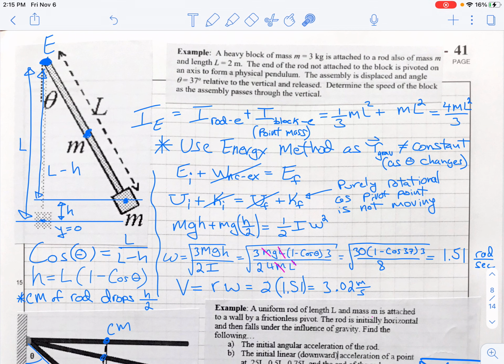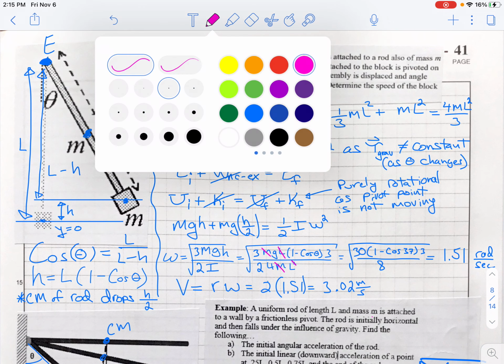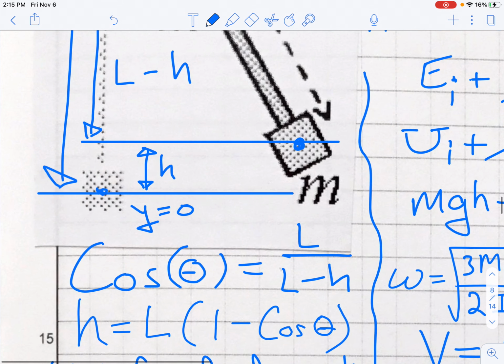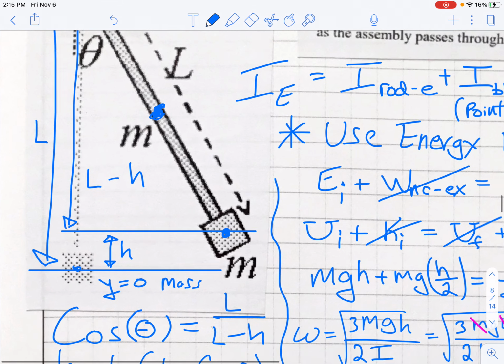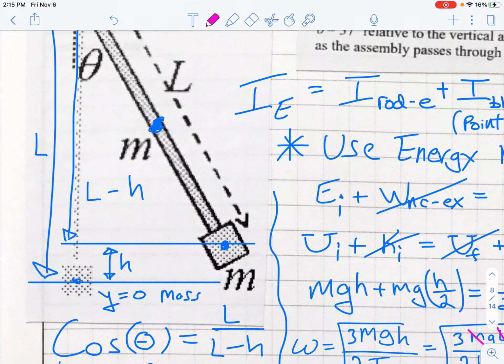Initially, they both have some potential energy, and I've defined the zero level so this is zero for the mass, and then for the rod, I would take that level there, y equals 0 for the rod.